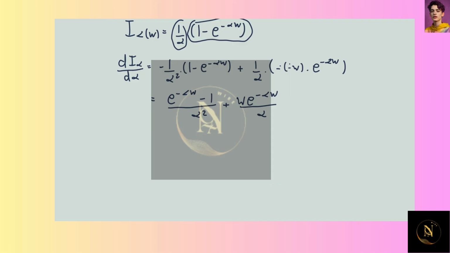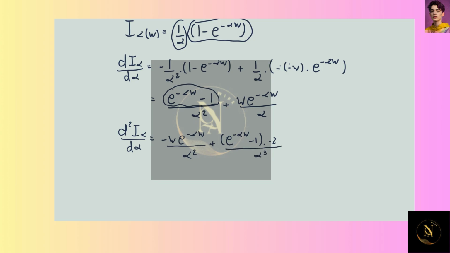Then we can now evaluate the second derivative. The second derivative is equal to the derivative of the first one, which is minus w e to the minus alpha w, times the second one, which is 1 over alpha squared, plus the first one, e to the minus alpha w minus 1, times the derivative of the second one, which is minus 2 over alpha cubed.